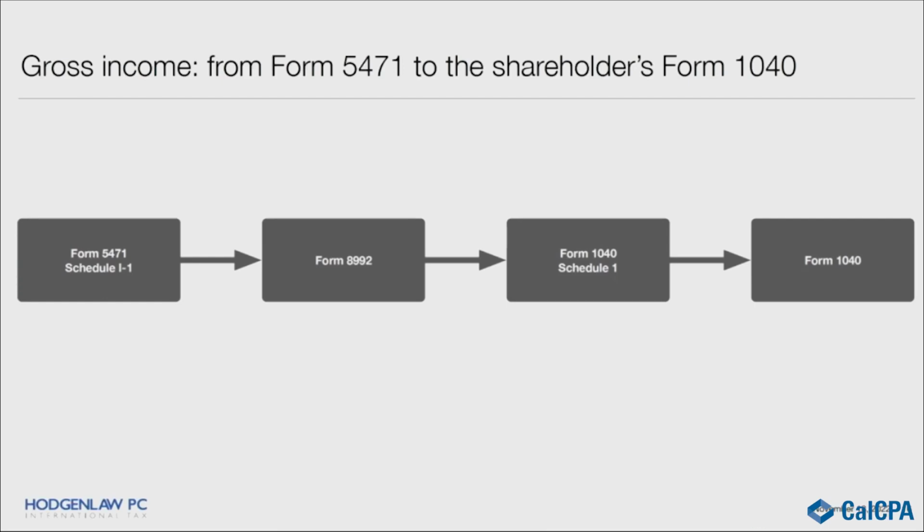It aggregates it from all the CFCs that you own, and it comes down to a single number, which is the inclusion that you're going to take over to your Form 1040. And in this case, it goes over to Schedule 1, and then from Schedule 1, it'll go to the Form 1040 included in gross income, and you compute your income tax on that. So that's the sort of flow.